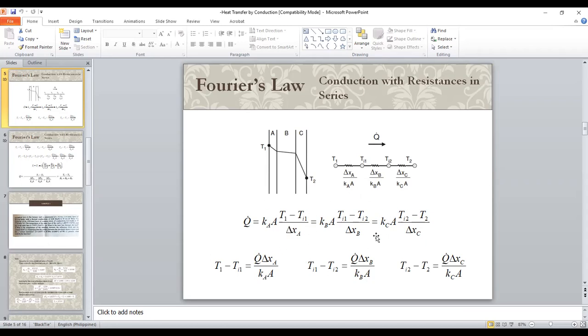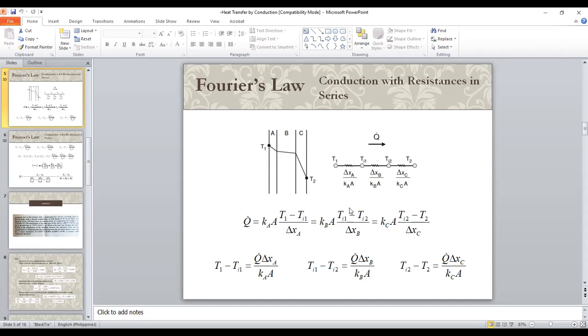this particular formula. So if you rewrite the K and the A here as a denominator for the delta X in each of these fractions, then you will have a general form of the rate equation, which is driving force divided by resistance.